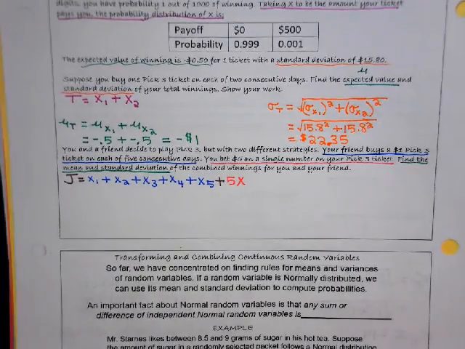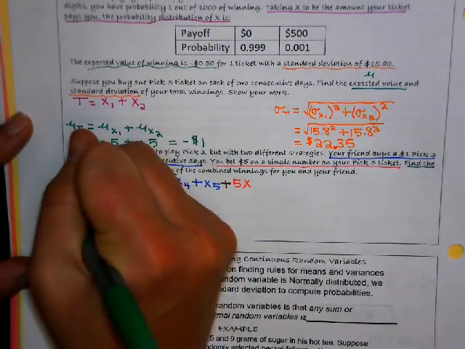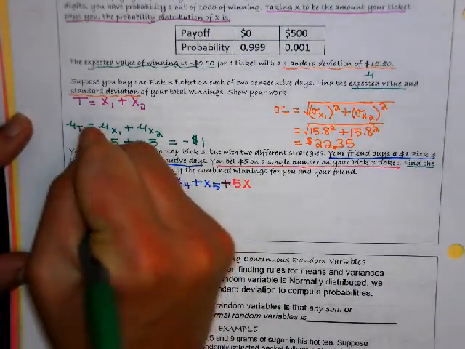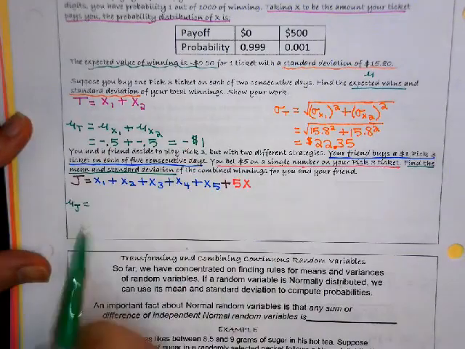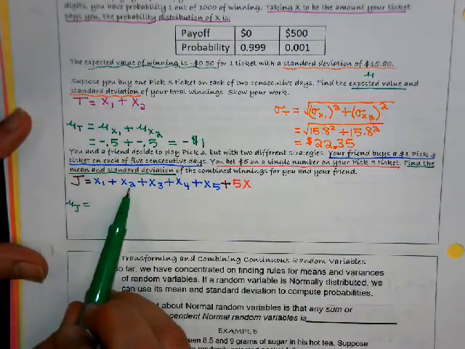Sorry, I didn't mean to turn my paper sideways. So the mean of j is going to come from the mean of your friend on day 1 plus mean on day 2, day 3, day 4, day 5, just like up above.